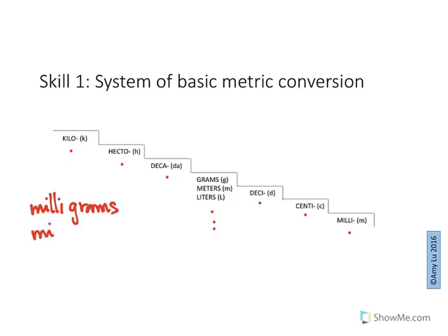You might use milli and add meters to it to talk about distance or length. You might use milli and add liters to it to talk about the amount of liquid in a cup. So you use these in front of these three labels here to help you decide, are you measuring liquid, distance, or weight?